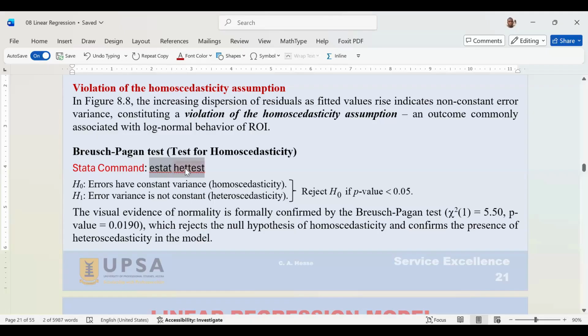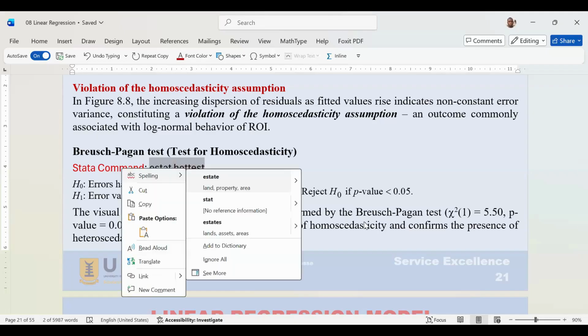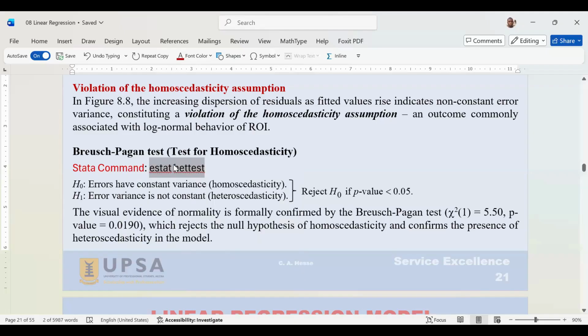Have you pasted this? What's the result? H0, that's the null hypothesis: the variance is constant. That's homoscedasticity, as on the screen. H1 says that the error variance is not constant. That is heteroscedasticity.